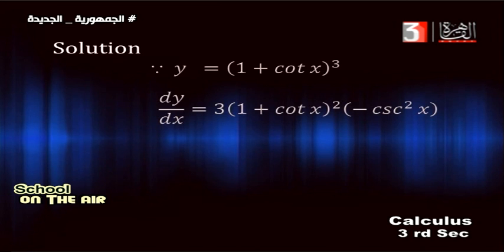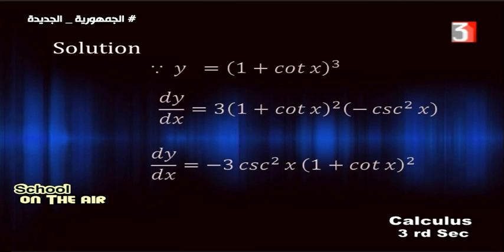The derivative of the bracket is 3 multiply the bracket 1 plus cotan x all to the power 2, multiply the derivative of the function inside the bracket. The derivative of 1 equals 0, and the derivative of cotan x equals negative cosec to the power 2 x. In the simplest form, dy/dx equals negative 3 cosec to the power 2 x multiply between two brackets 1 plus cotan x all to the power 2.